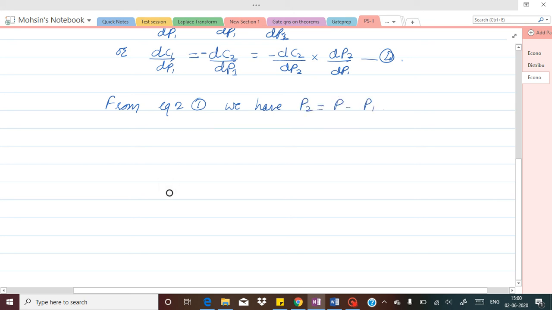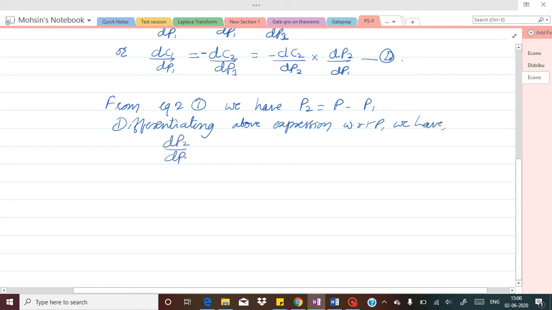If we differentiate this expression, we have dP2 by dP1 equal to differentiation of P with respect to P1, as P is constant, so 0, minus differentiation of P1 with respect to P1, which is going to be 1, so we get minus 1.